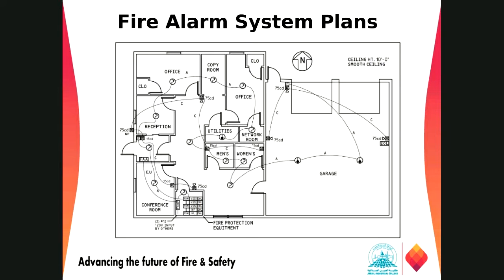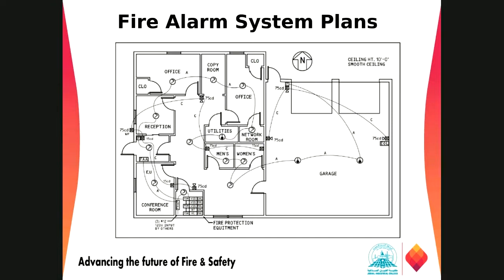And then we have a floor plan for a fire alarm system. You can see, right? The one with this kind of symbol is a heat detector. The one with a small s inside is a smoke detector. So in the office areas, reception areas, conference rooms, everywhere they have used the smoke detector.